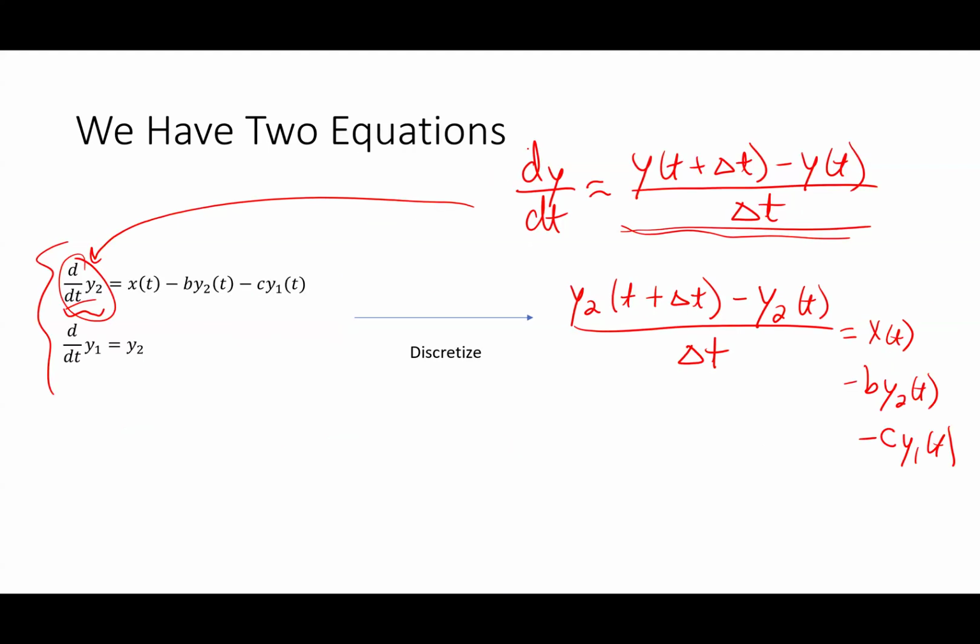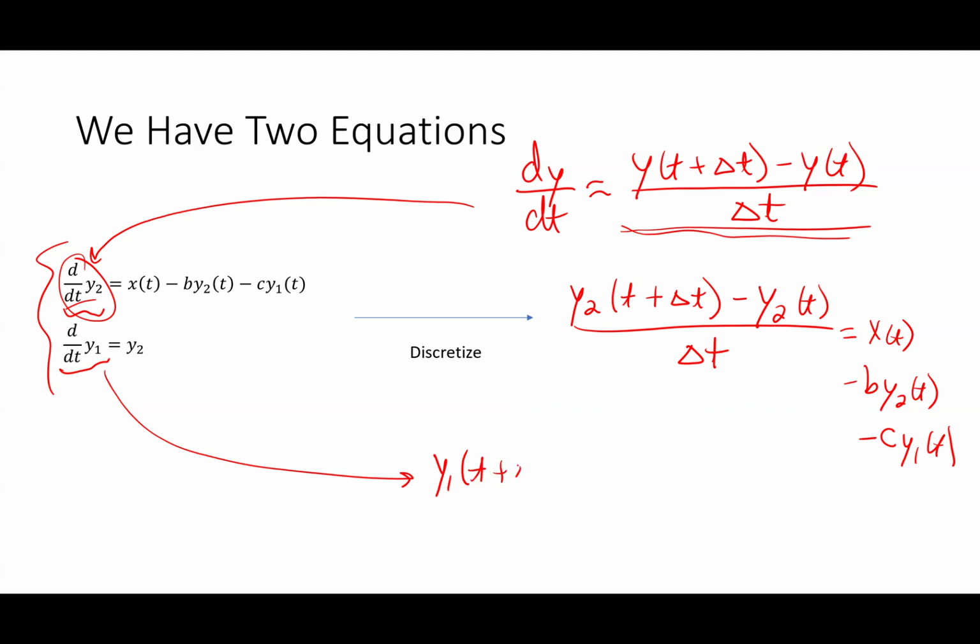Okay. All right. I could do the same thing for this guy, right? What would I do for this one? What would I do with the dy1 by dt? How would I write that? Yeah, y1 of what?